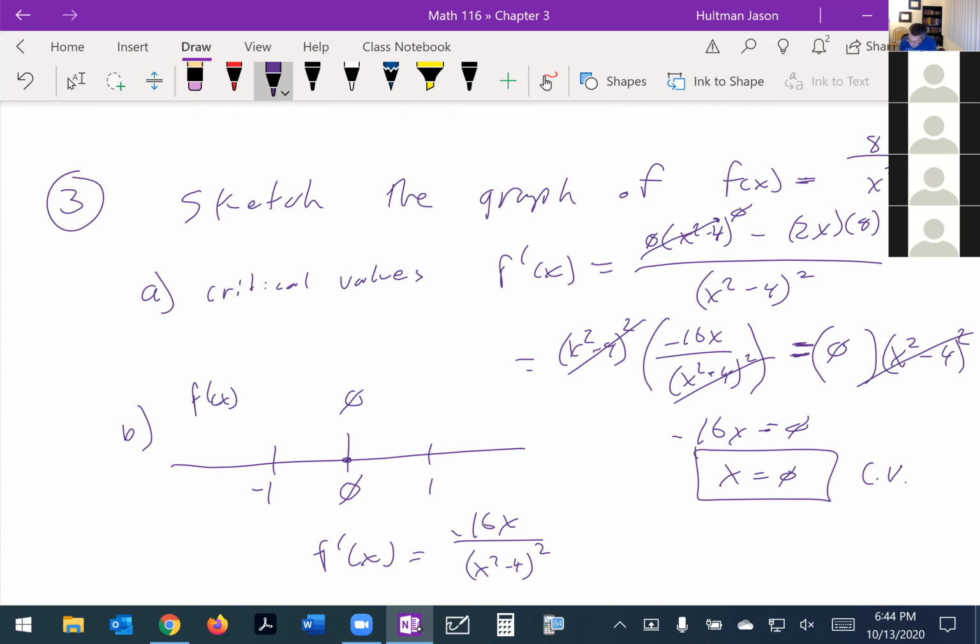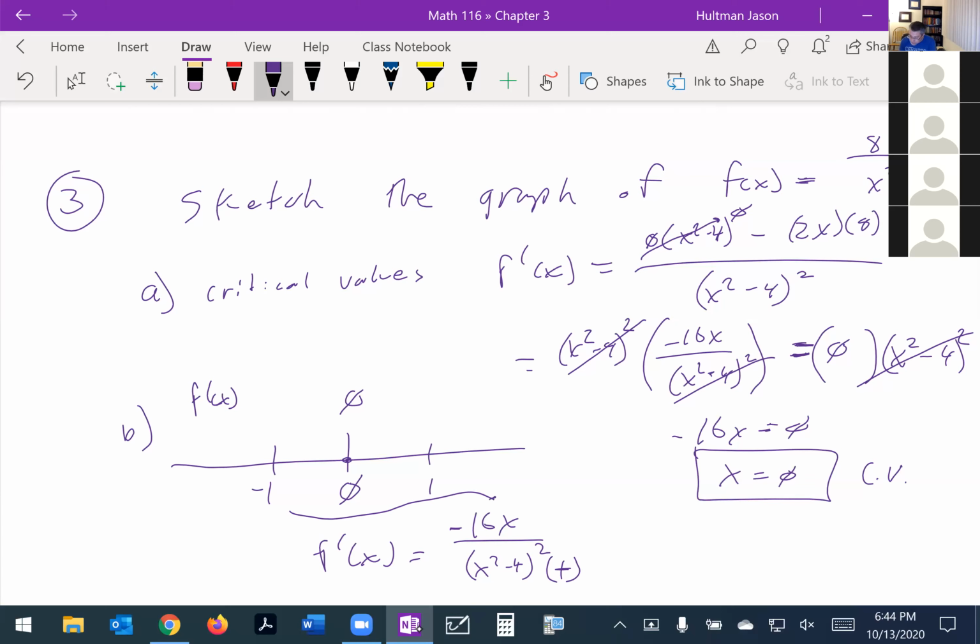So what happens if I plug in a -1? I really just care about the sign of this thing. Does everybody see that no matter what I plug in, the sign of the bottom is always going to be positive? Because anything squared is positive. So what happens if I plug in a -1?